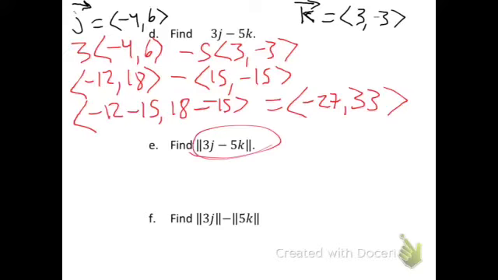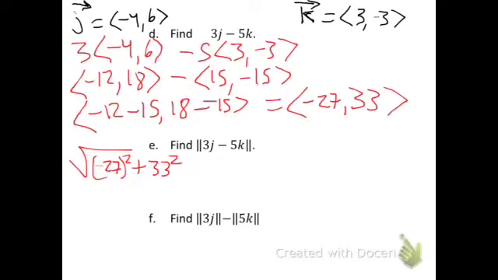And we need to now get that magnitude. So you just take each of your components, square them, add them together, and then square root it. I actually don't know negative 27 squared. Oh, it's 729. And 33 squared is a fairly large number, 1089.